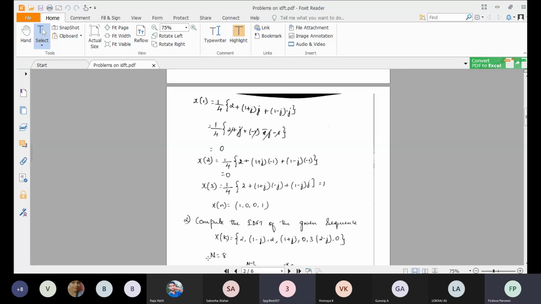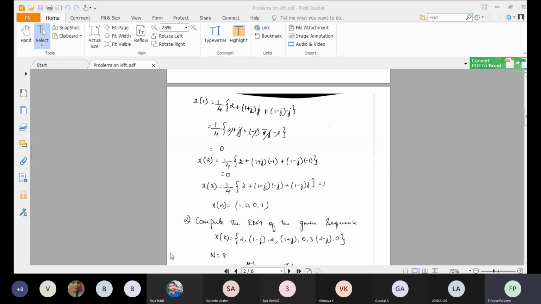So what is the formula for IDFT? x of n is equal to 1 by N summation k is equal to 0 to N minus 1, X of k W_N to the power of minus kn.